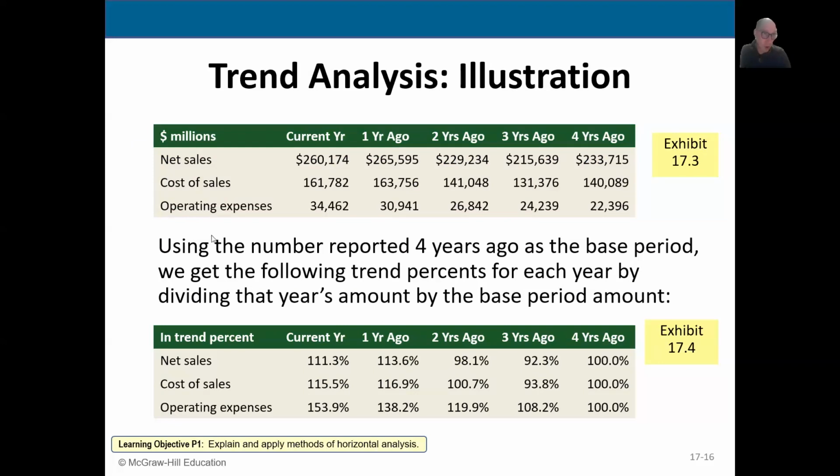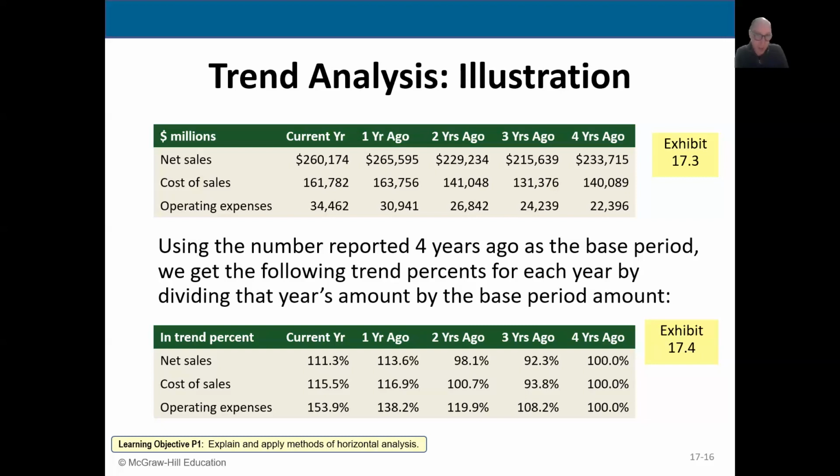And here's an example of this. We see net sales over the course of 5 years. In order to find the percent trend analysis for the current year, we would take current year divided by 4 years ago, or the 5th year, if you will. That gets us the trend percentage.